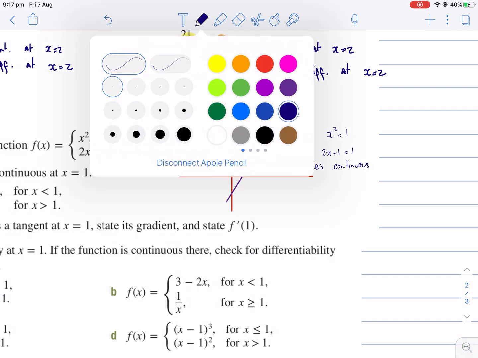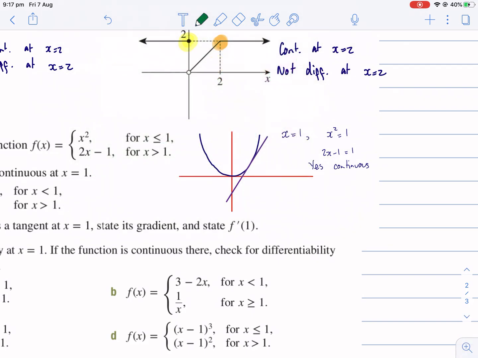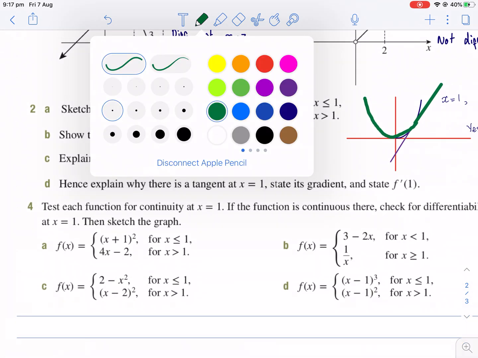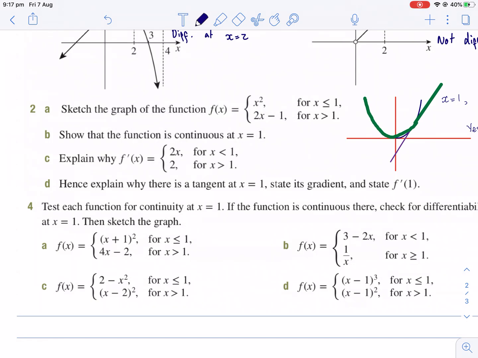Oh, I forgot to say that this actual function, once we put those two together, looks like this, and then it just kind of goes up as a straight line. Pretend I drew it better. Well, this one's kind of obvious because we're differentiating.